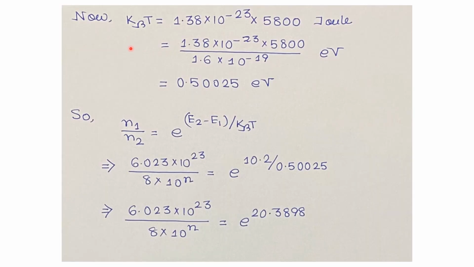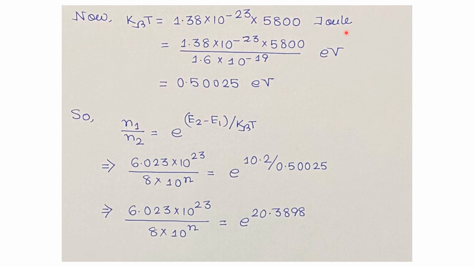Now we will find the thermal energy value at the temperature T equals 5800 Kelvin in electron volt. So kBT equals 1.38 times 10 to the power minus 23, that is the value of Boltzmann constant, times 5800 Kelvin, and the unit of the energy will be joule here.